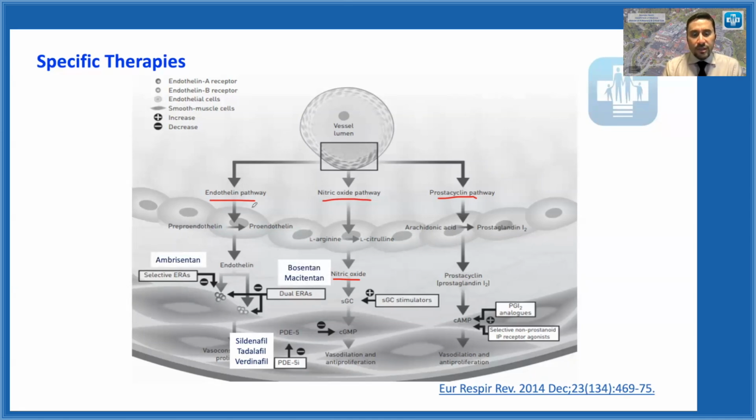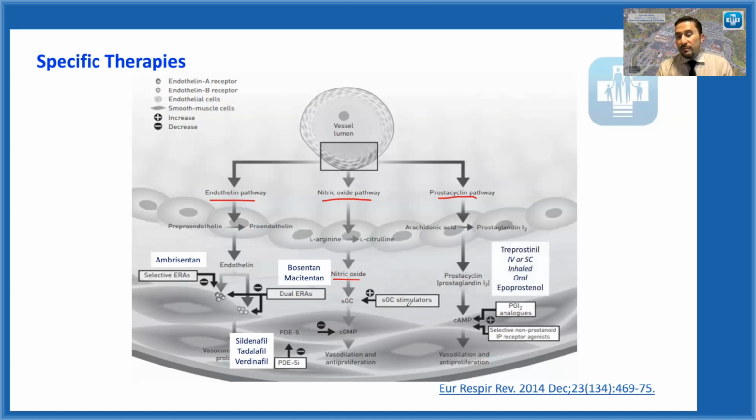ERAs are endothelin receptor antagonists, and we have three medications that we consider using. Bosentan and macitentan work on both receptors, ETA and ETB receptors. Ambrisentan works on only the ETA receptor. Clinical trials have shown that targeting one or both will actually result in significant reduction in pulmonary hypertension.